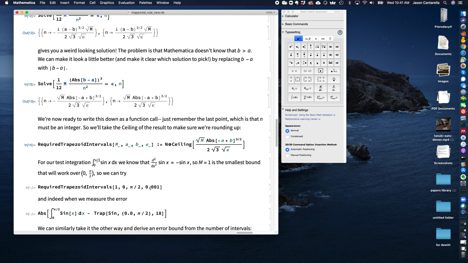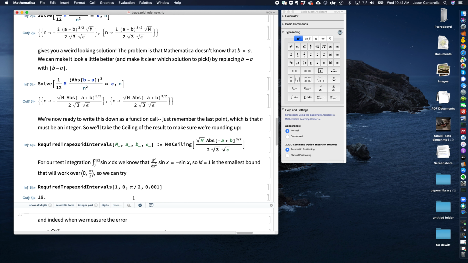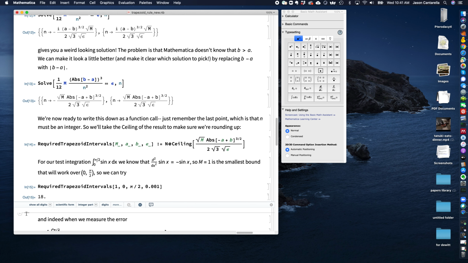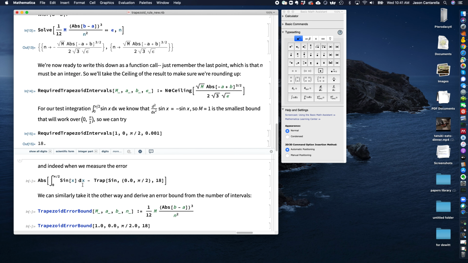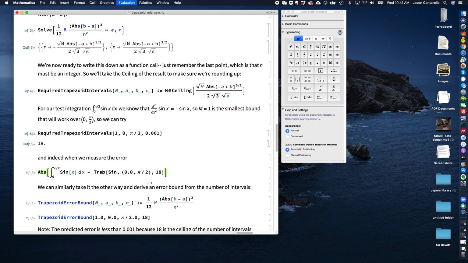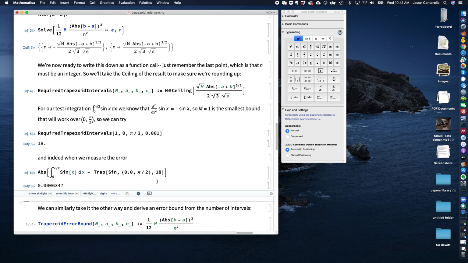So supposing we'd like to get this integral accurate to within 0.001. We can compute the number of required intervals and see that the theory predicts that 18 intervals are guaranteed to suffice. So let's actually do it. We're going to measure the error with 18 intervals, and we see that it is indeed less than 0.001.